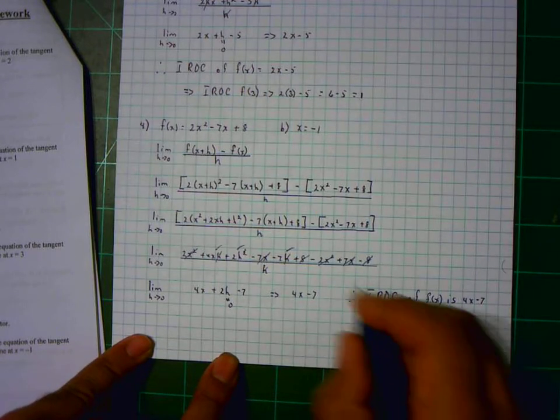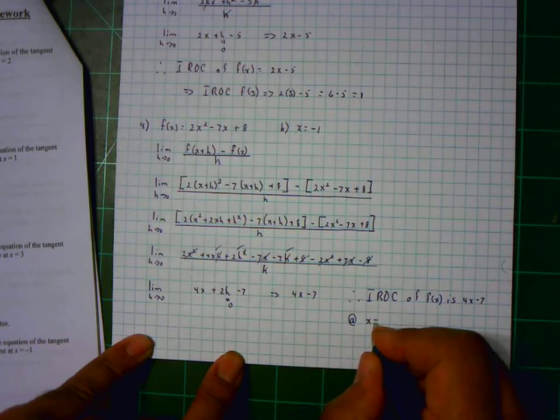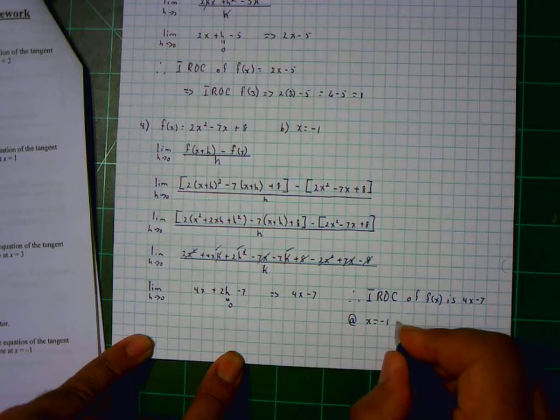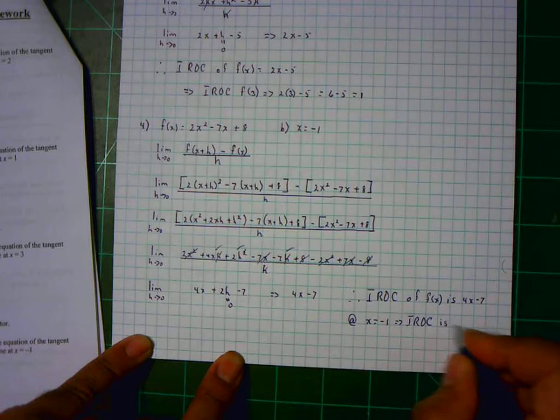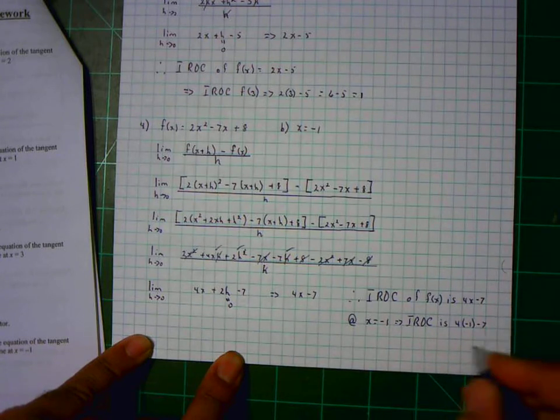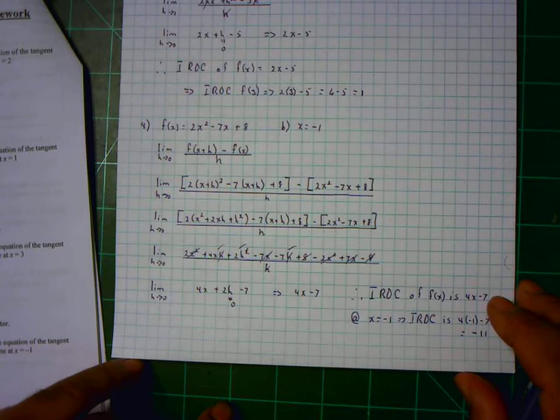But again, I'm concerned about x equals negative 1. At x equals negative 1, the instantaneous rate of change is 4 times negative 1 minus 7, which is negative 11. That takes care of number 4.